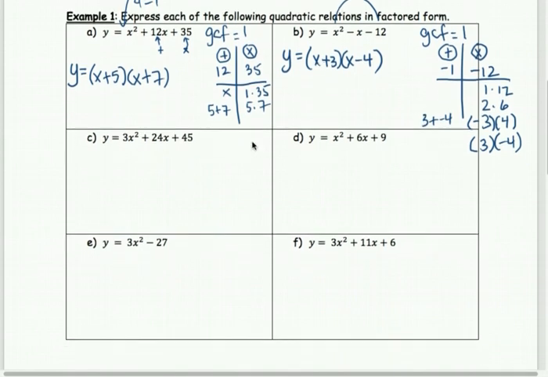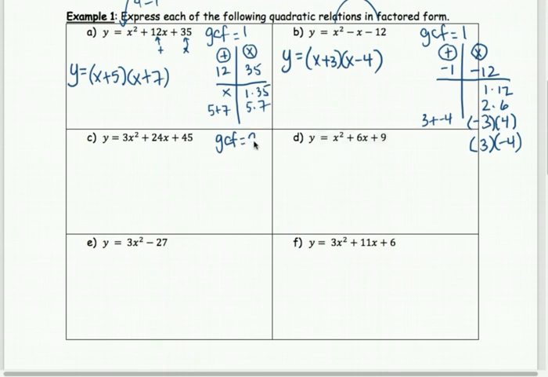So same thing, just get in the habit of always asking, is there a greatest common factor? Don't forget that step because it can lead to a lot of frustration if you miss it. So again, I see a 3, a 24, and a 45. When in doubt, if you can't think of a number that works, just try the smallest one and see if that might work. So if I divide a 3 out of all of these, it should work.